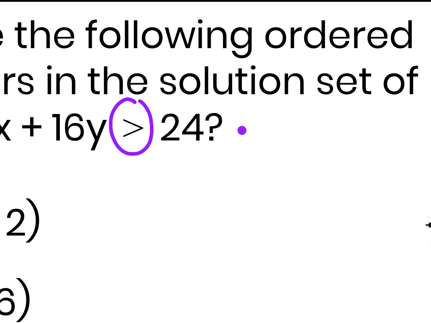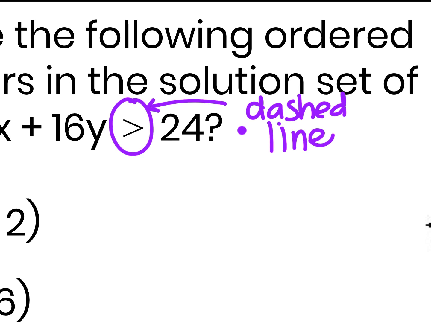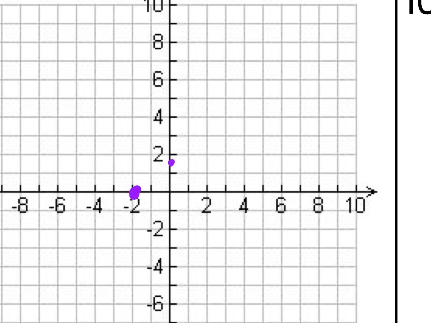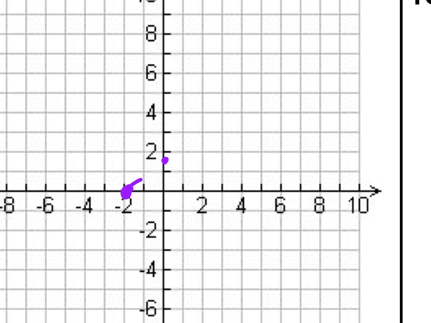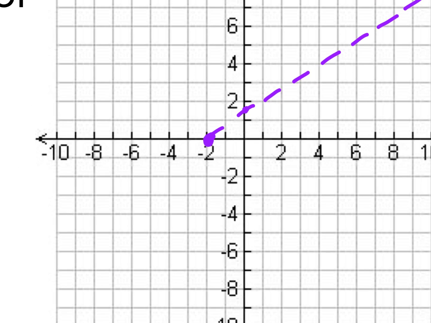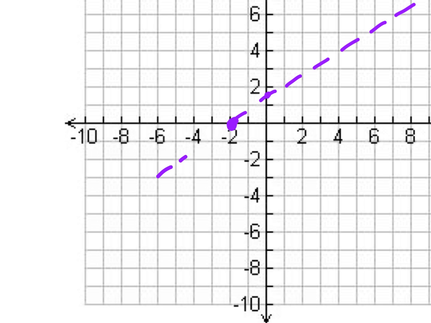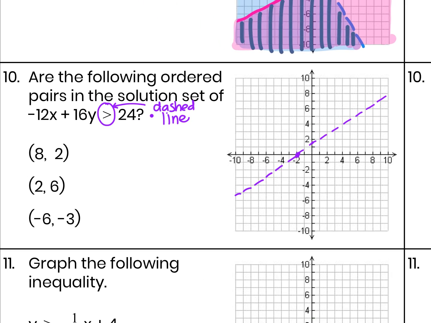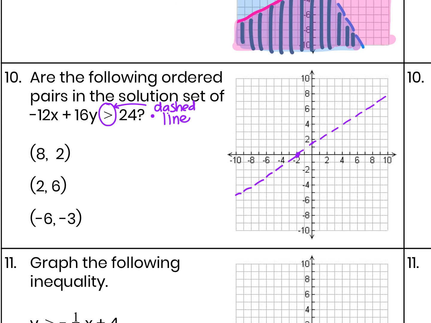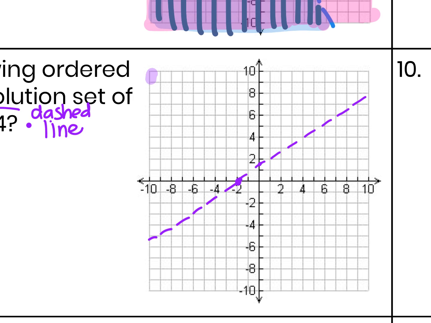Also, this one has no underline, so that's going to be a dashed line. And then using your calculator, I can tell that it's going to be shaded in on the top.